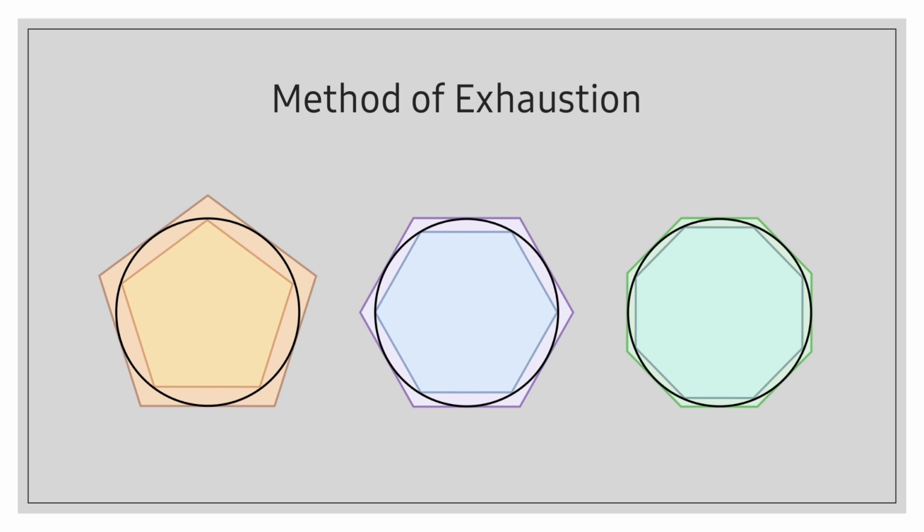They started with a triangle, quadrilateral, and here in the first circle you can see a pentagon. When you inscribe a pentagon inside a circle, you can see some space left over between the circle and the edges of the pentagon. In the second circle, the pentagon is replaced with a hexagon.